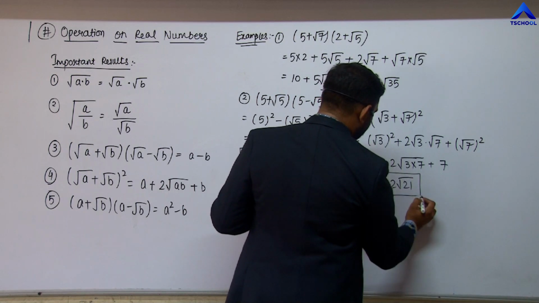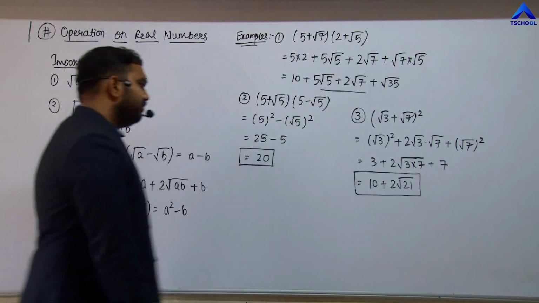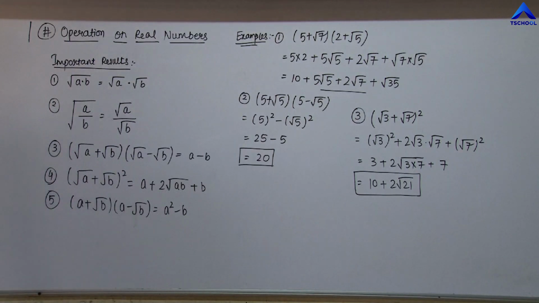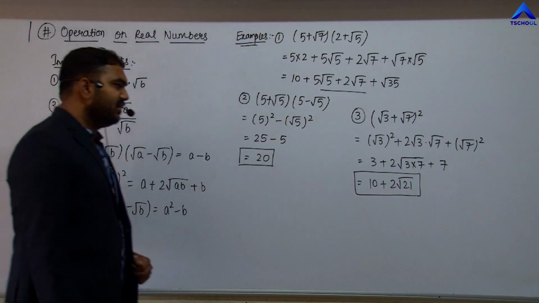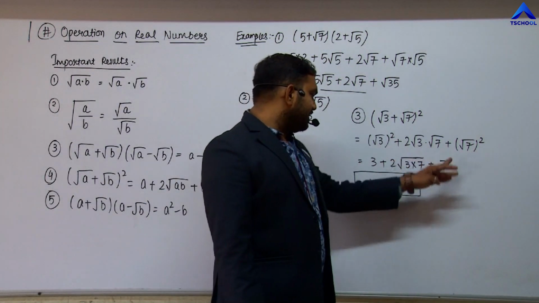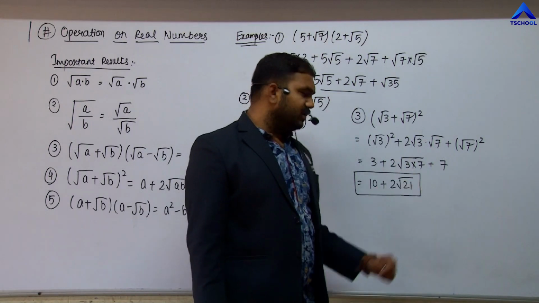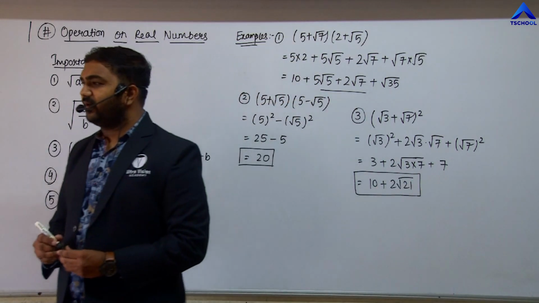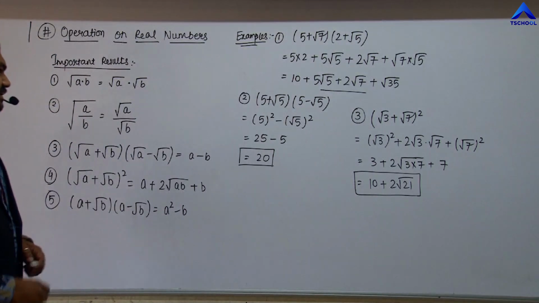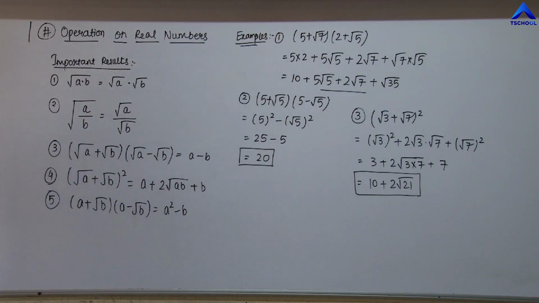So the answer here becomes 10 plus 2 root 21. Is it clear, friends? Applying the fourth result, we get 3 plus 2 square root of 3 into 7 plus 7. So 3 plus 7 is 10 and the middle term is 2 root 21. Okay, friends? In this way we can solve these sums.